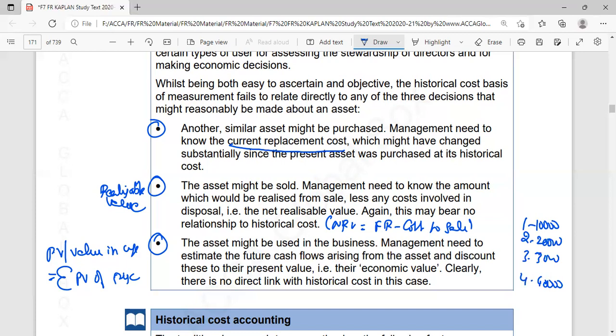These are the benefits we are going to earn by using the asset, at the end of the first, second, third and fourth years respectively. For bringing that future value to the present value, we apply discounting. Whatever amount you arrive at is the value in use, or present value.